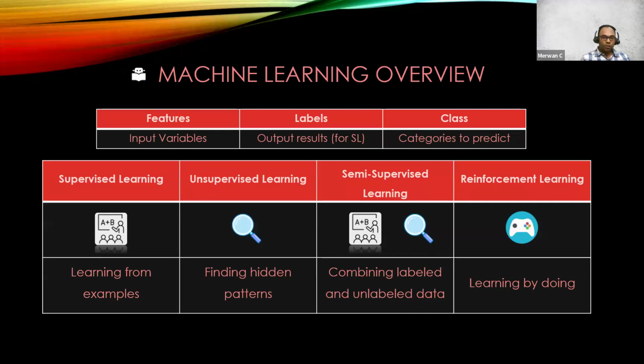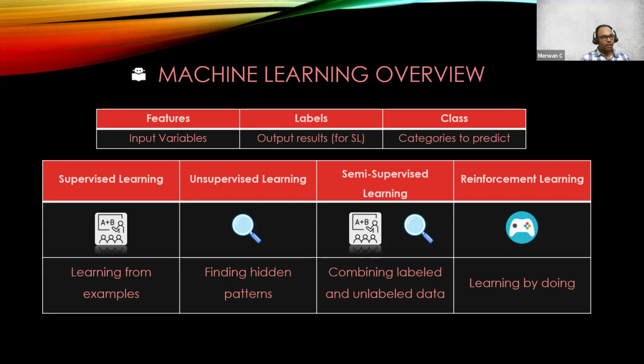We give the computer examples with the labels so it knows the right answer while it practices. So it learns from the examples that we give. Unsupervised learning is like giving a kid a box of Legos without the manual. The computer looks at the data without labels and tries to find patterns on its own.